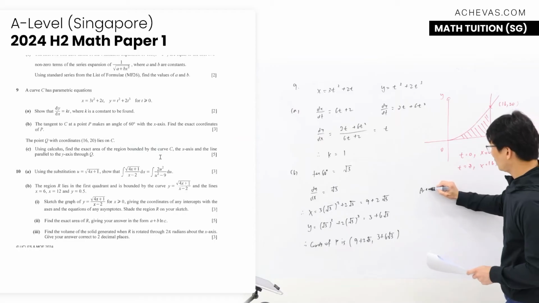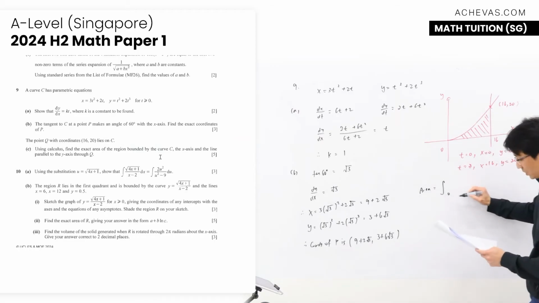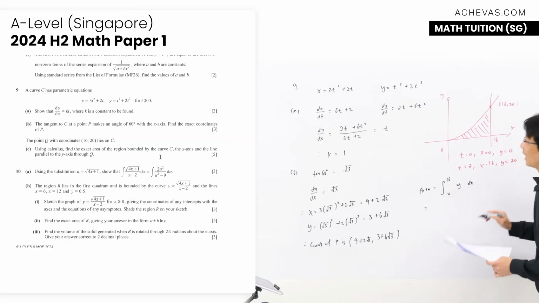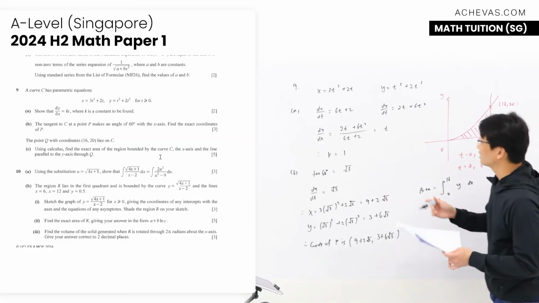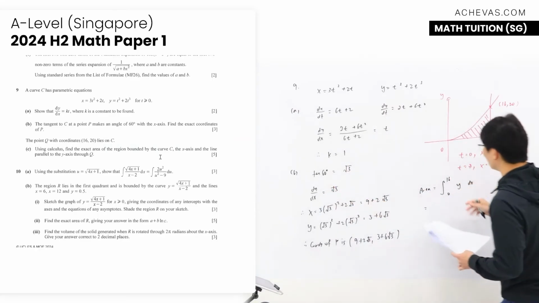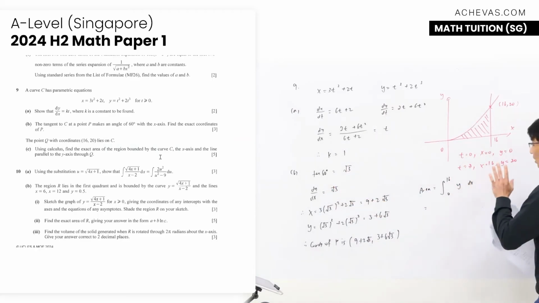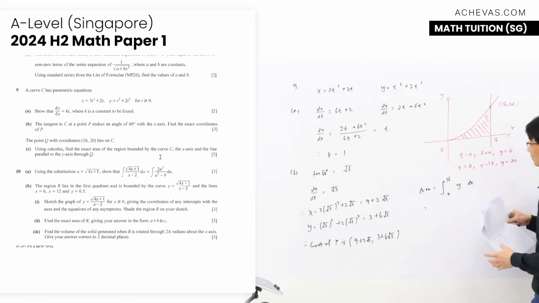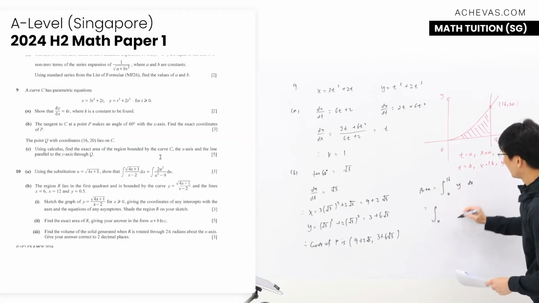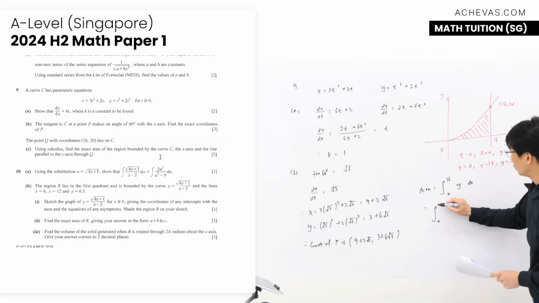I know that the area will just be the integration from 0 to 16 of y dx. Since the question given to us is in terms of parametric, I'm going to convert every single thing that I see here into t's, including the limits. We already have that when x equal to 0, t equal to 0. And when x equal to 16, t equal to 2.